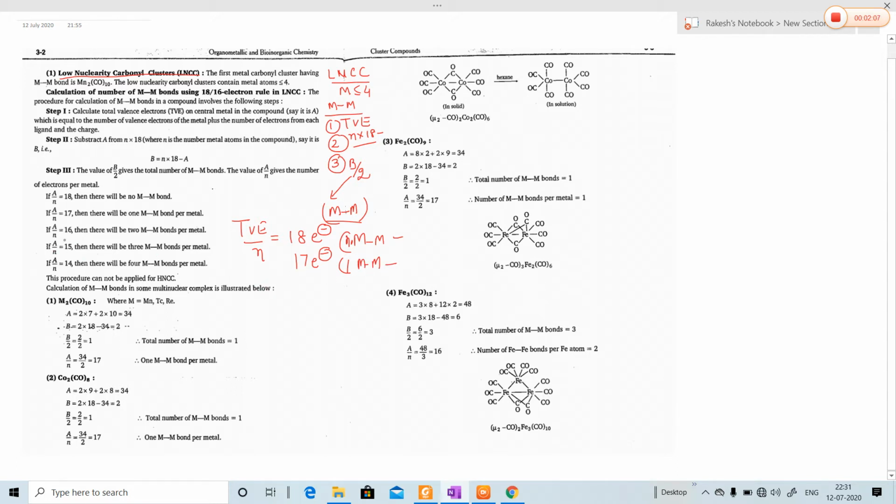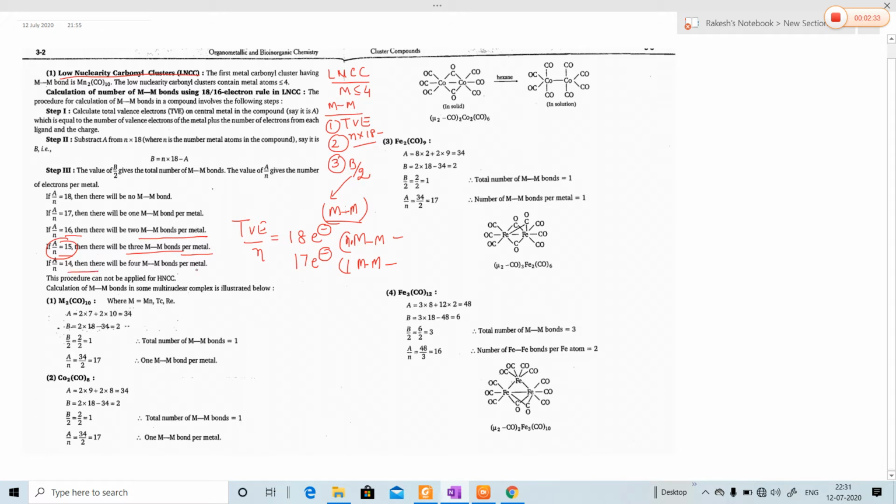Similarly, if the value of A by n is equal to 16, then there will be two metal-metal bonds per metal. If the value of A by n is equal to 15, then there will be 3 metal-metal bonds per metal.